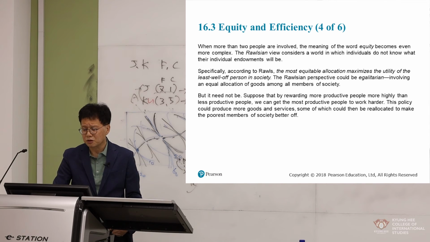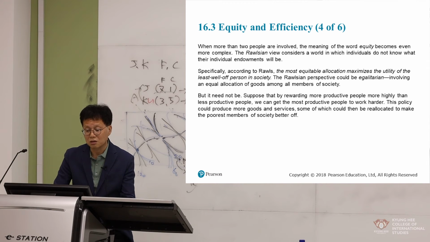The Rawlsian view considers a world in which individuals do not know what their individual endowments will be. Right? You don't know how rich you are. Specifically, according to Rawls, the most equitable allocation maximizes the utility of the least wealthy person, the utility of poor persons, right?